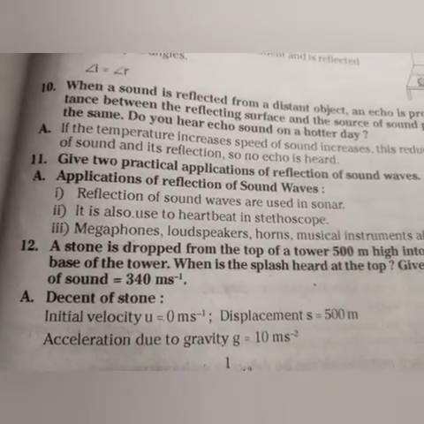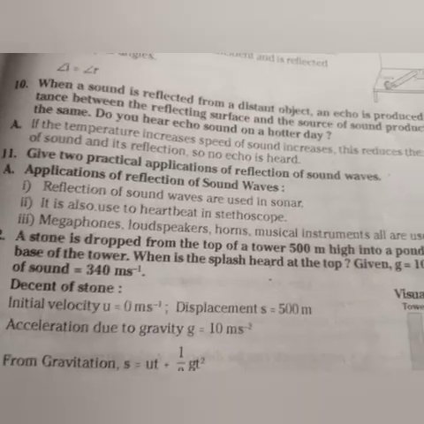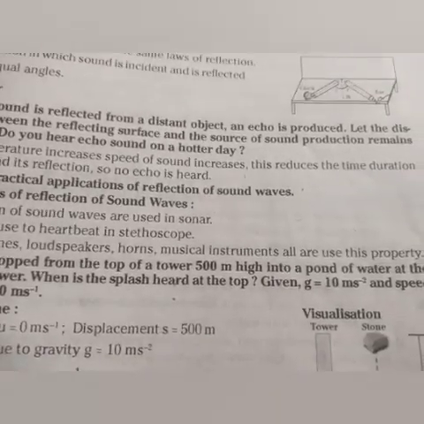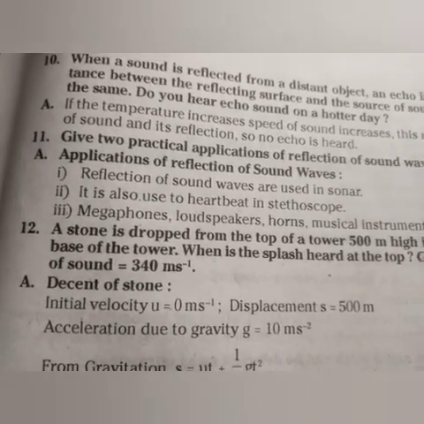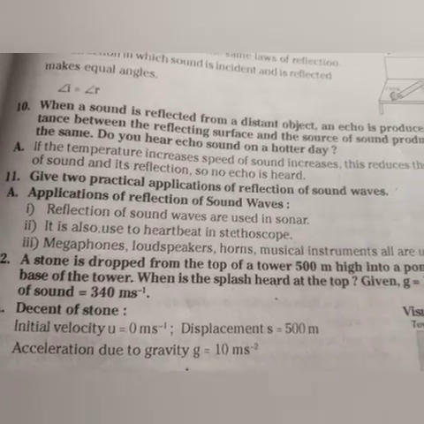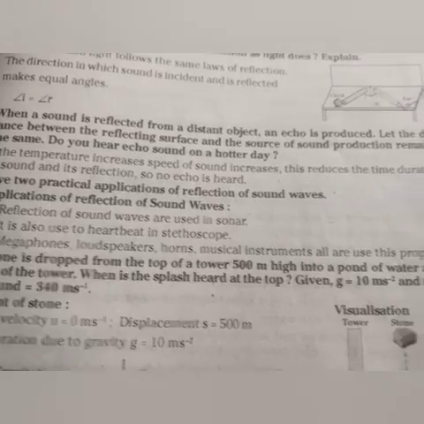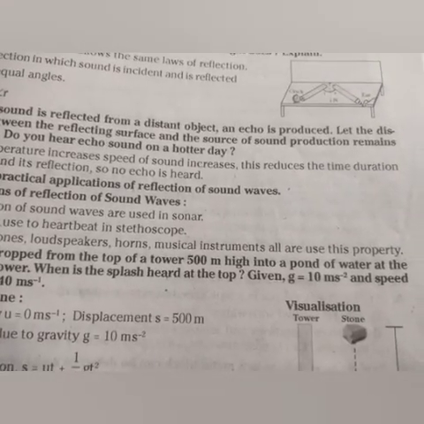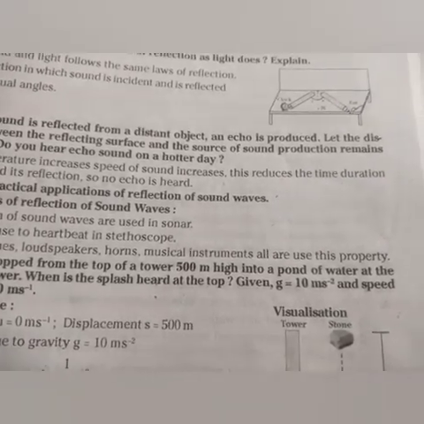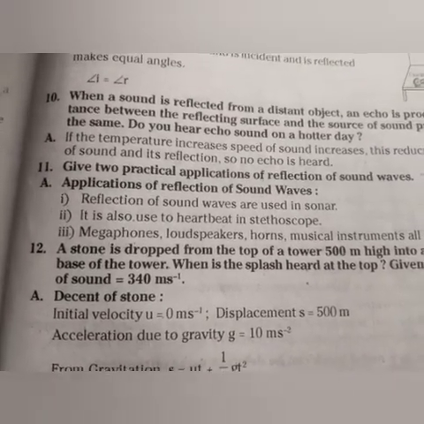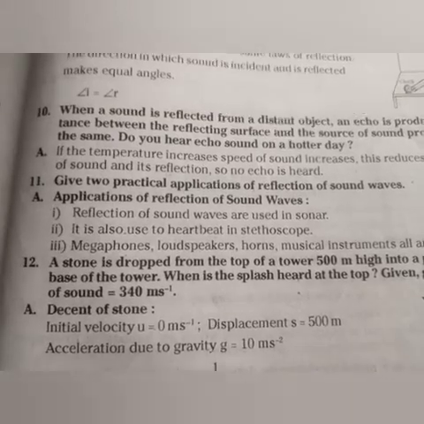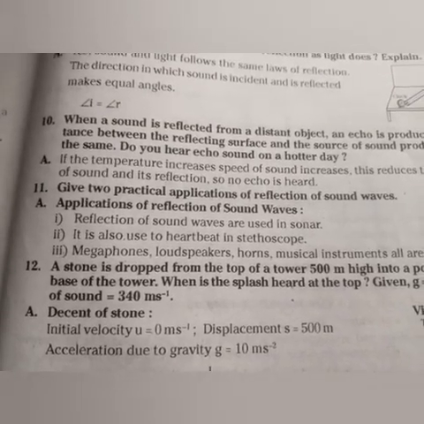12th question. A stone is dropped from the top of a tower 500 m high into a pond of water at the base of the tower. When is the splash heard at the top? Given g = 10 m/s² and speed of sound = 340 m/s. Answer.